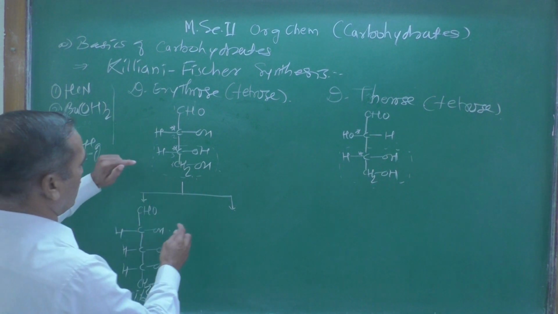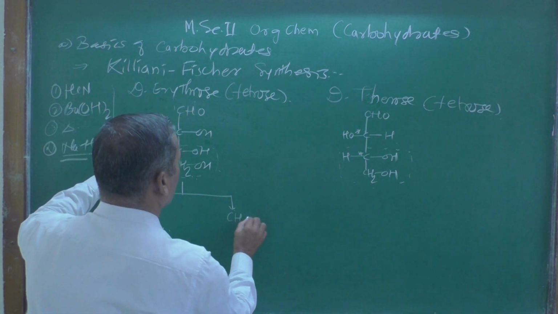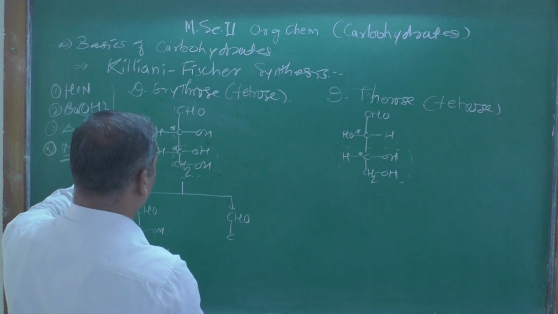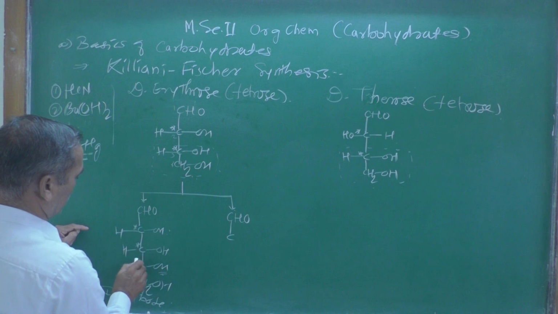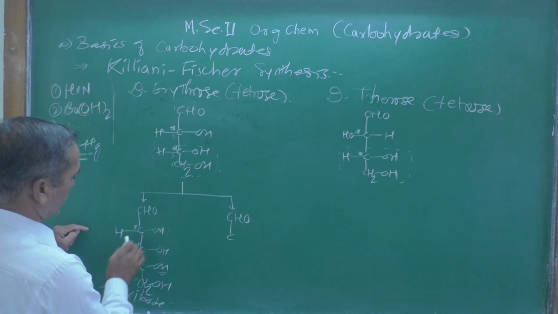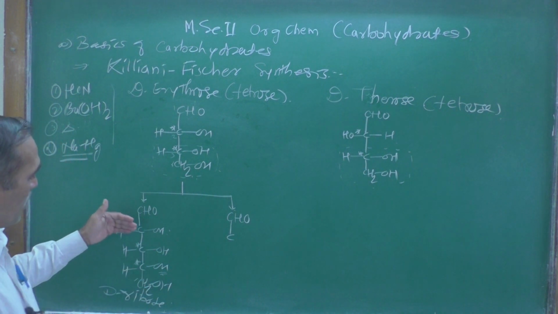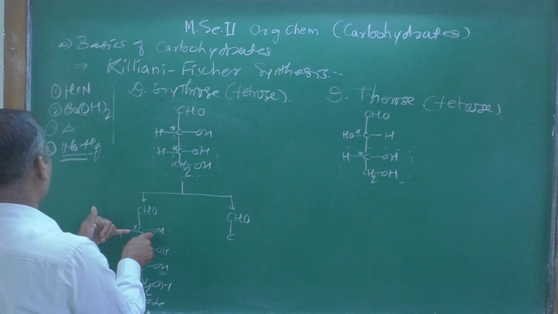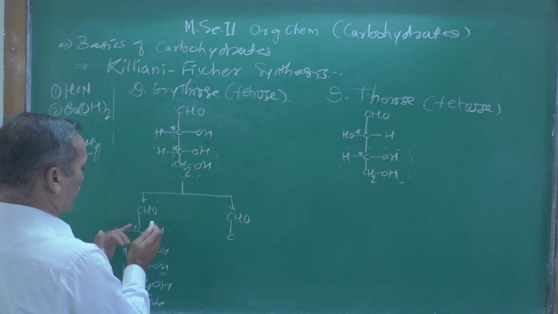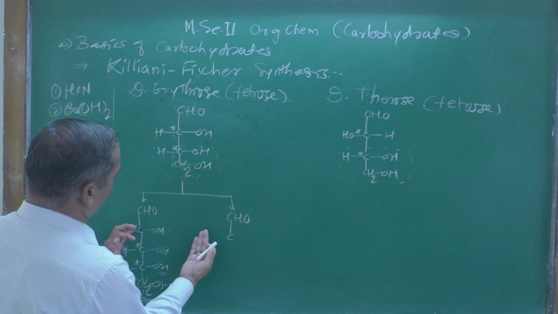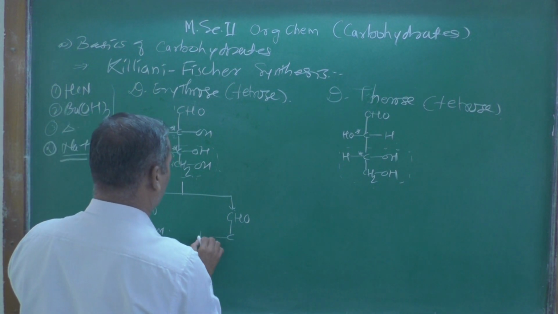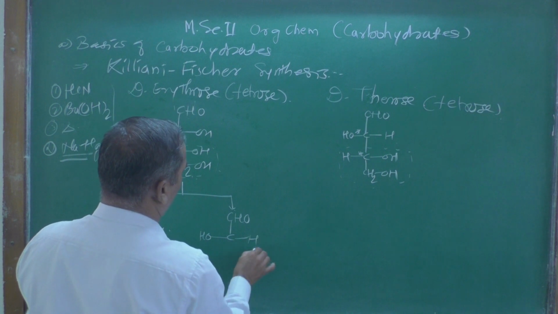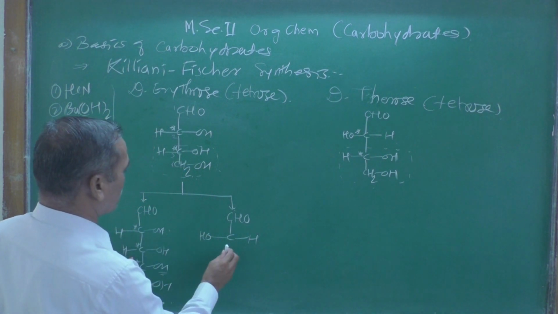Now what is going to happen here: CHO you keep as it is, but look at this chiral center. There are three chiral centers, and now the hydroxy group at carbon number 2, which was on the right hand side, you can put on the left hand side, and they are epimers of each other.